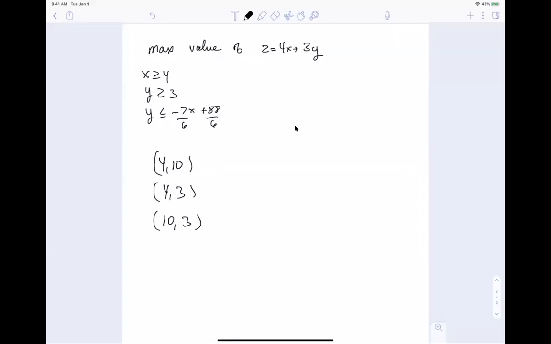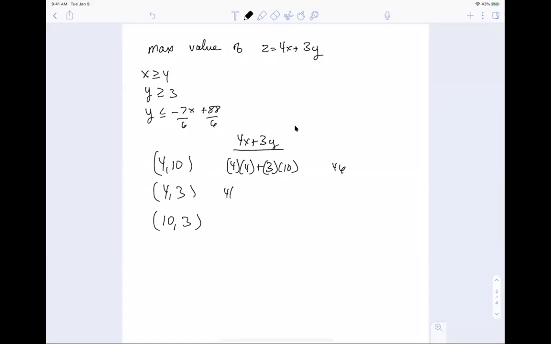Okay. So now I've written down those x and y coordinates, and I need to evaluate 4x plus 3y for each one of those coordinates. So I would get 4 times 4 plus 3 times 10. So I get 16 plus 30. So that's going to give me 46.